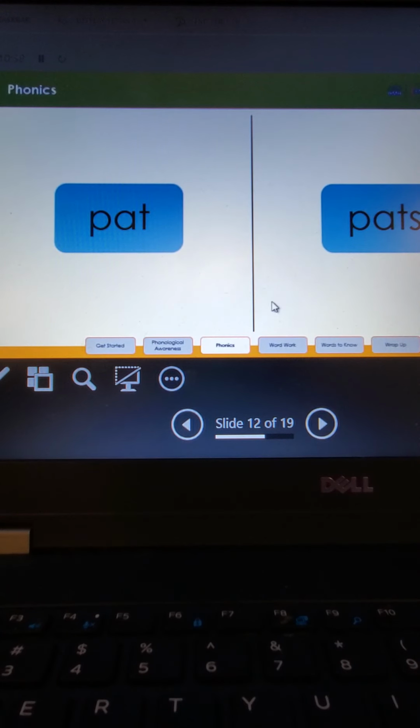Pat. If you cover that S up, the word is pat. With the S on the end, the word is pats. My grandmother pats my head. In the sentence, the S ending tells us that one person is doing something. Let's look at some more words.